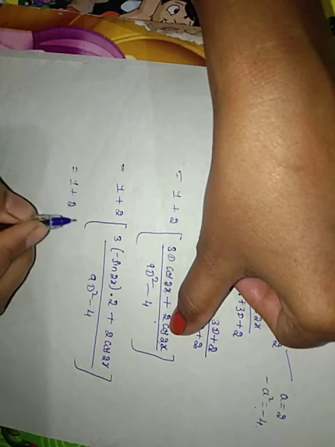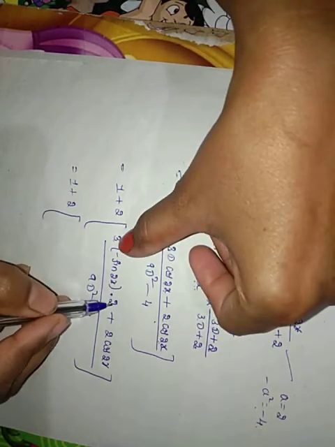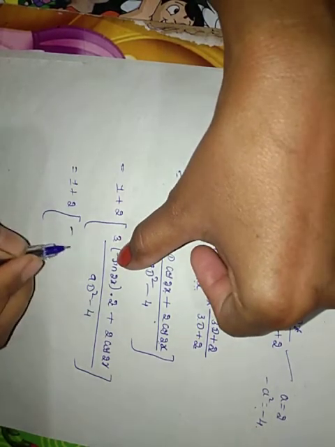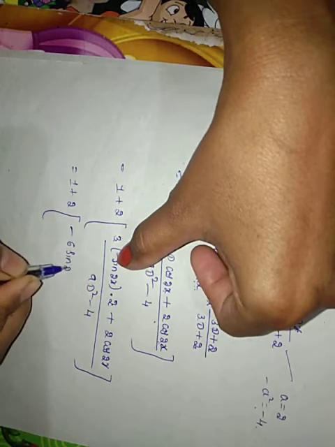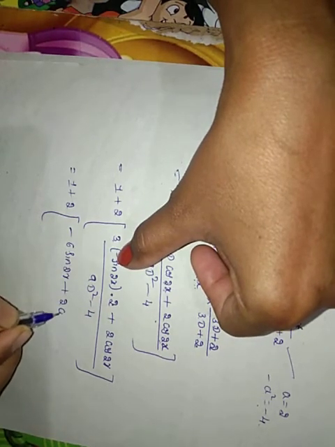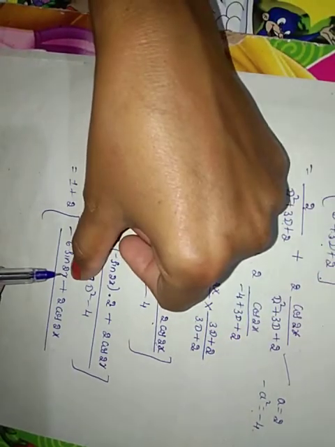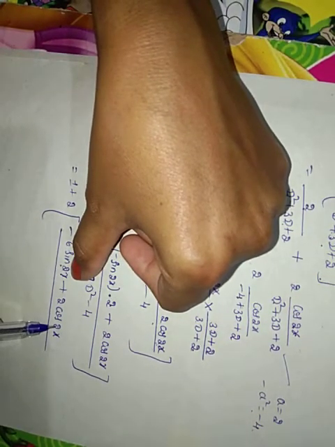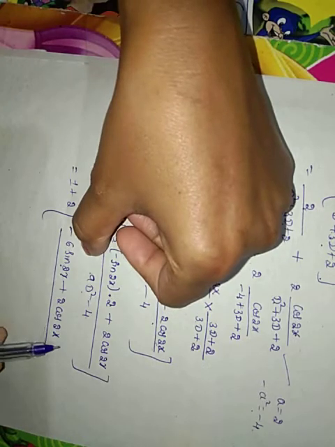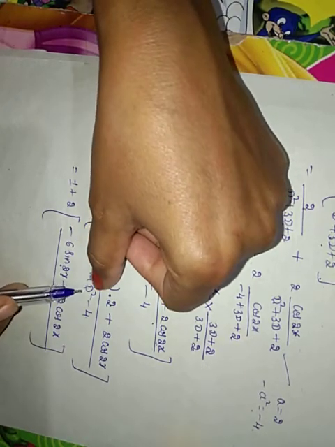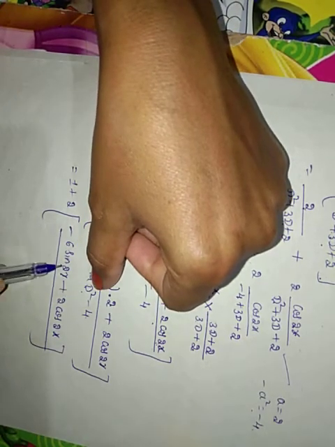1 plus 2 into bracket, 3 2s are 6, minus 6 sin 2x plus 2 cos 2x. Here also a is 2, so no need to split the denominator. Directly replace D square by minus a square.